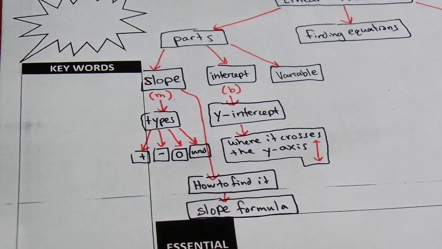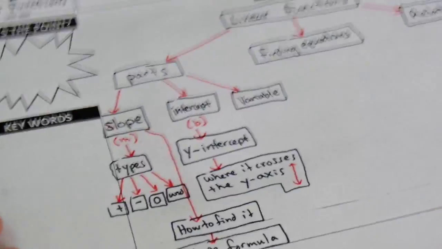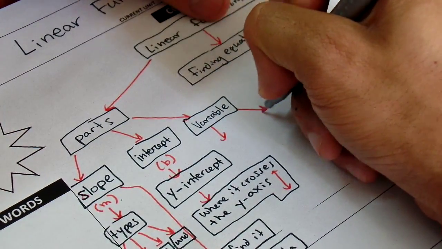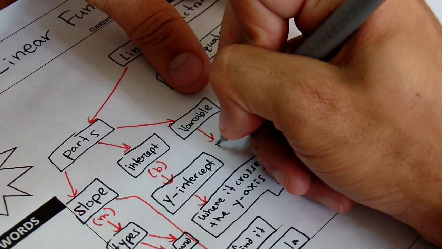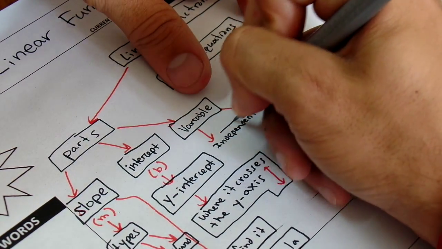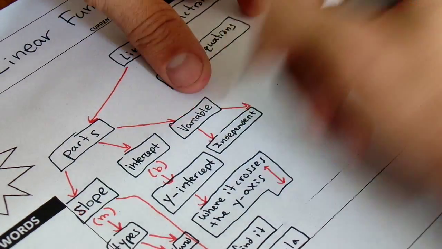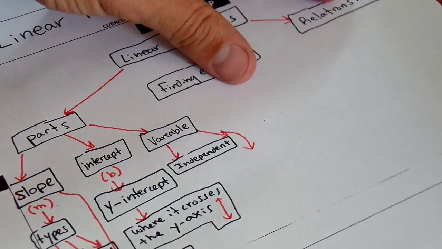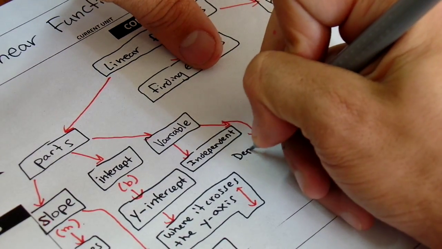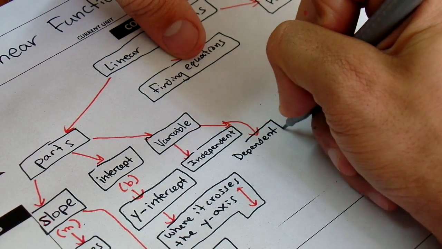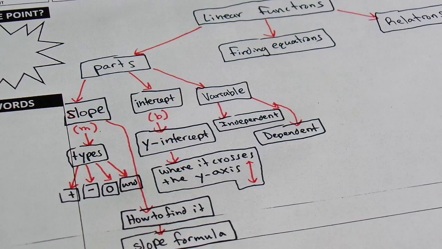Hopefully you're writing as small as I am. And our variables, we have 2. We have independent. And I'm running out of room here, so I'm going to do that line. And we have dependent. And you have seen that in science, actually.